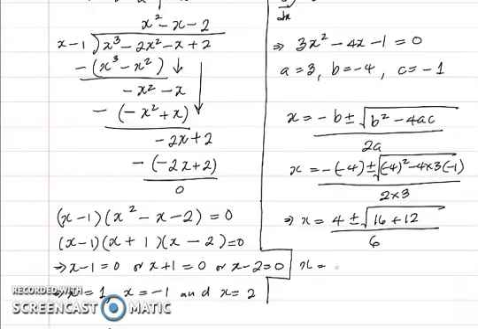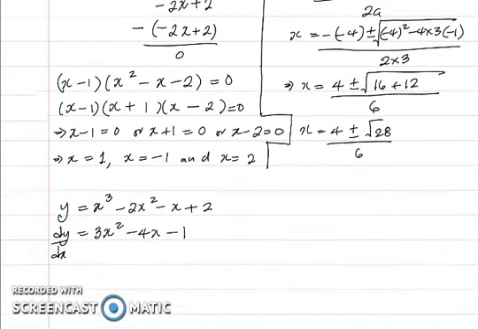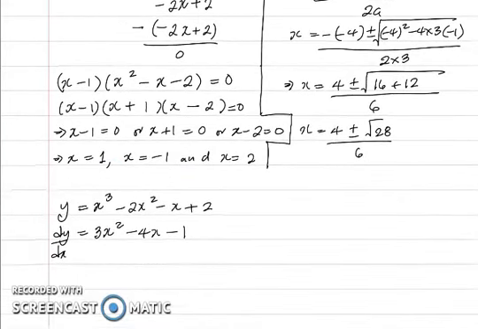So x would be equal to 4 plus or minus the square root of 28 over 6. Now, 28 is the same as saying 4 times 7. The root of 4 times the root of 7 is the same as saying 2 root 7. So x would be equal to 4 plus or minus 2 root 7 over 6.